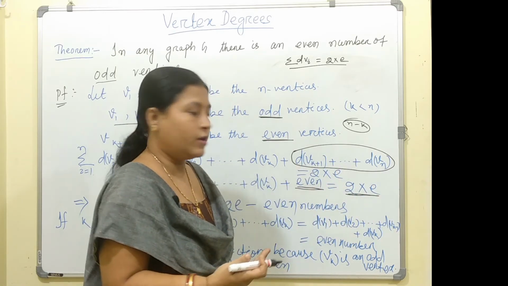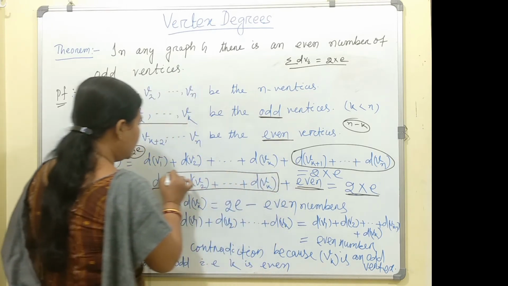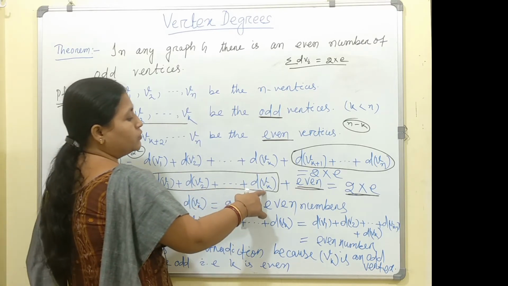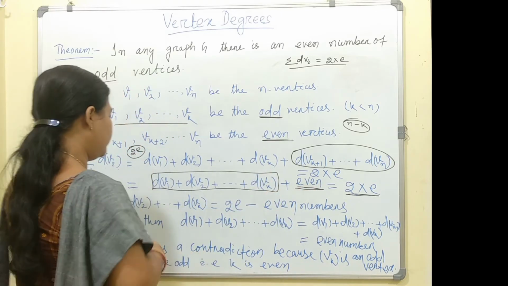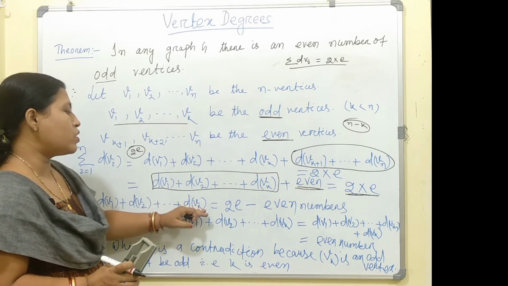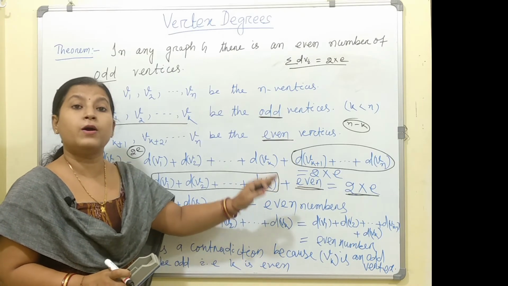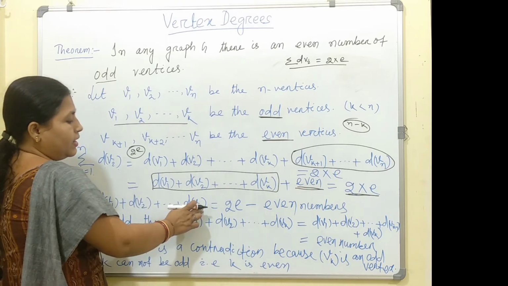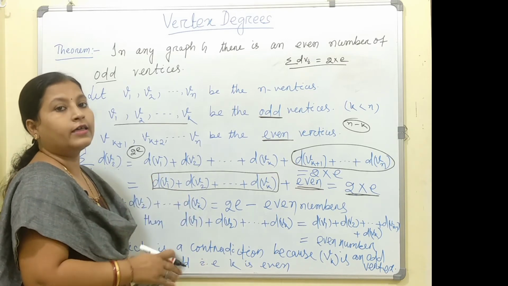So the degrees of the odd vertices, d of v1 plus d of v2 plus up to d of vk, is equal to an even number. So we get that the addition of these odd numbers is an even number, that is 2e minus an even number is also an even number. Here k, the number of odd vertices, can be odd or even.